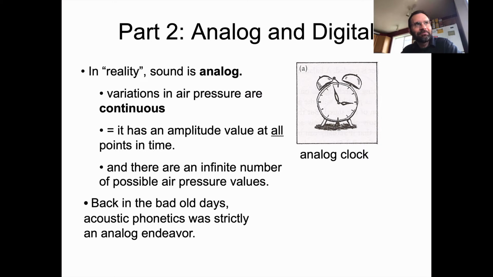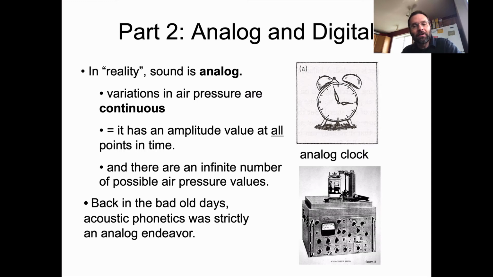Back in the bad old days of my youth, and before that too, acoustic phonetics was strictly an analog endeavor. So if you wanted to make a spectrogram, you had to get one of these beasts, which is a spectrograph produced by the Sonograph Corporation. It was a huge, heavy piece of equipment that would sit in the corner of a phonetics lab, and it would have a rotating drum of carbon paper on the top.